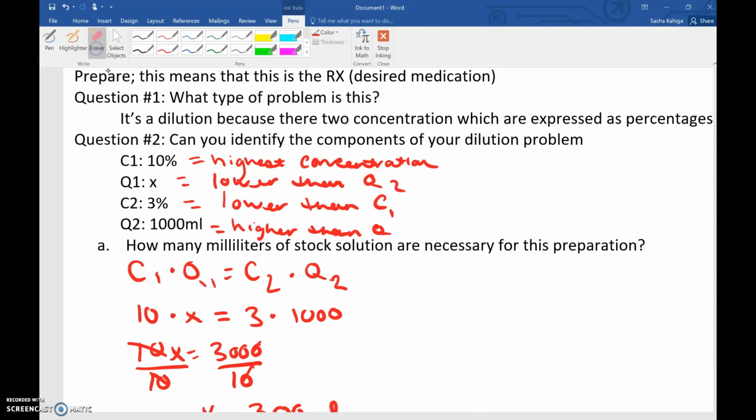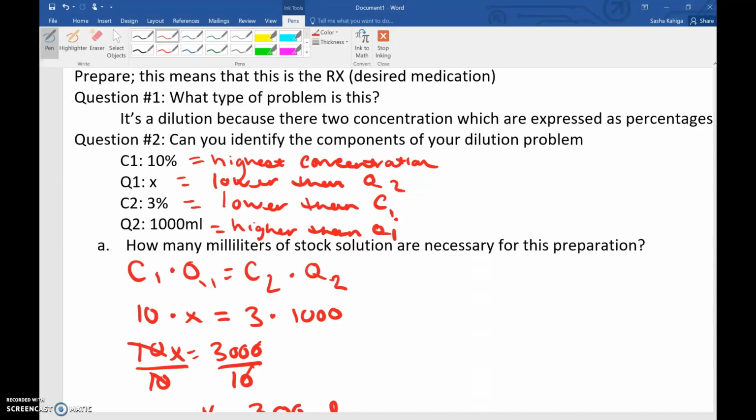All right. Let me go ahead and change this really quickly. Q2 should be higher than Q1. I want to make sure that I reiterate that. Let me just rephrase what I'm saying.